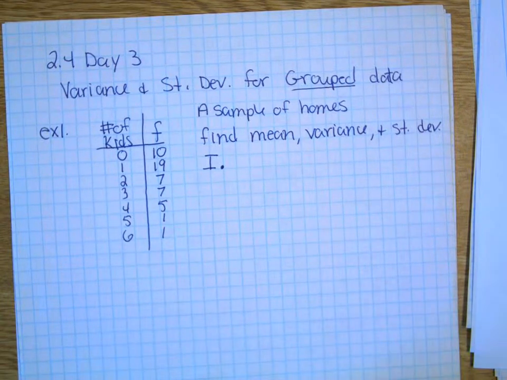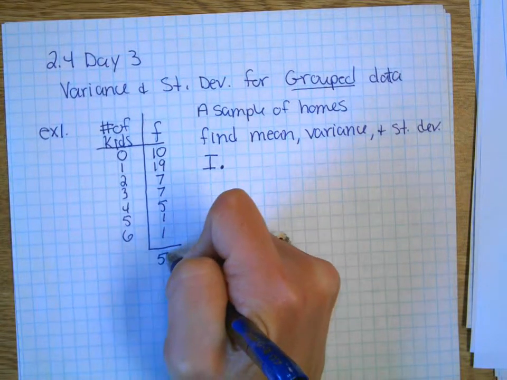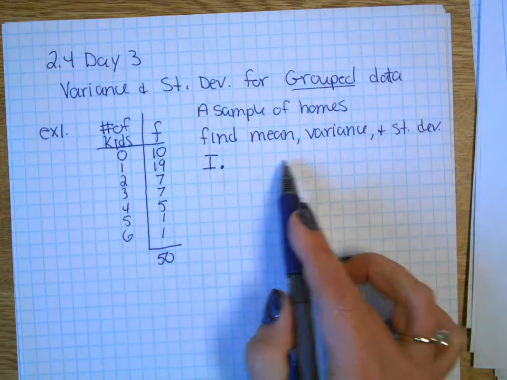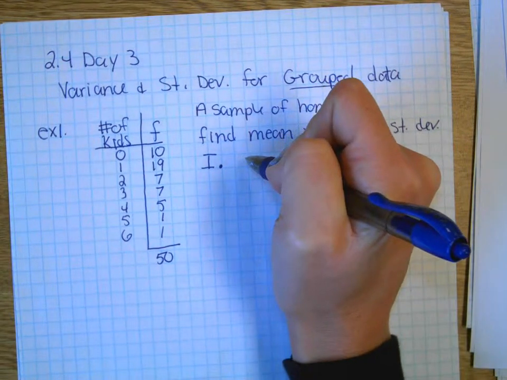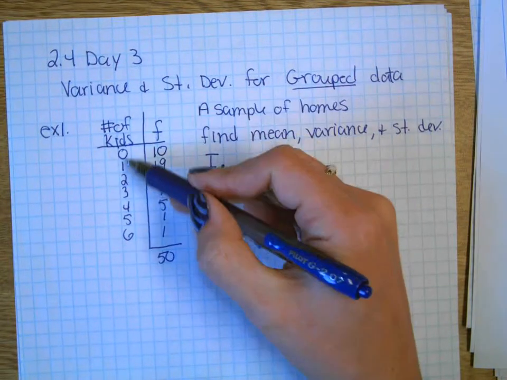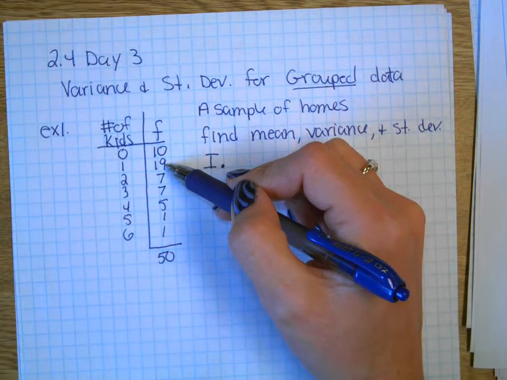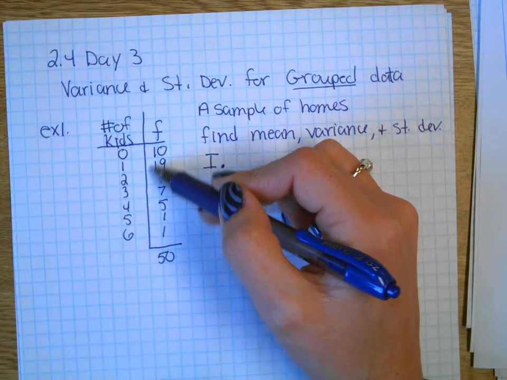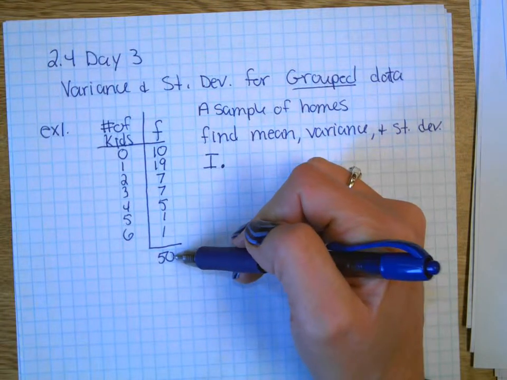Well, how many households did I get to? 50 households. So, the long way would be to enter the 50 values into list 1. Wait, isn't it not 50 households? Nope, this is the number of kids. This is how many. 10 homes had no kids in it. 19 of the homes had 1. So this is how many pieces of data I collected. Okay. So I collected 50 pieces of data.